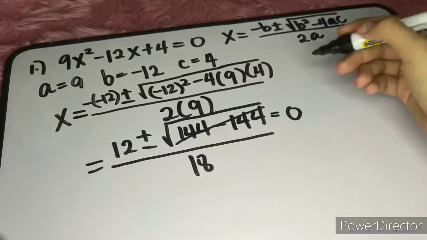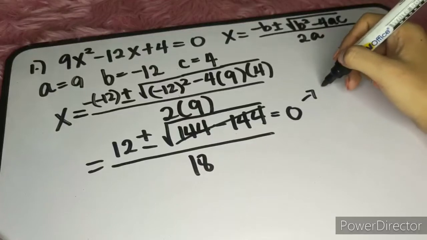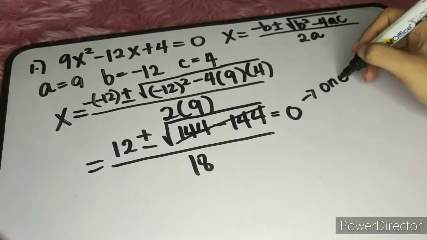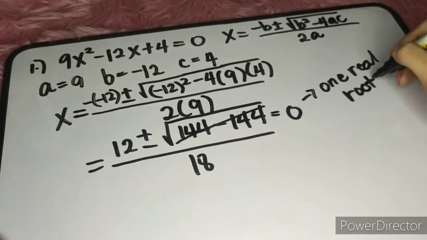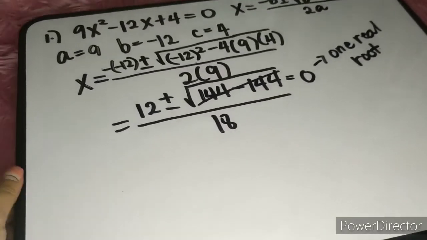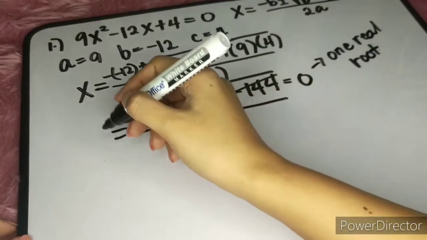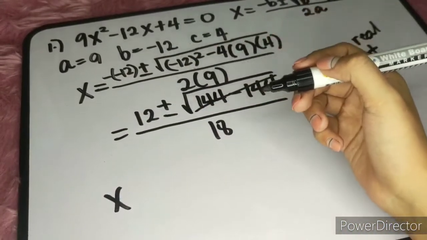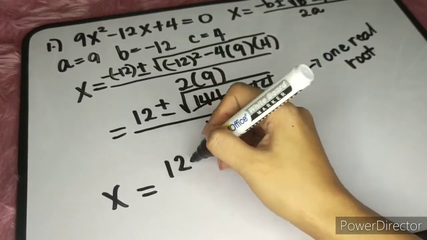So, since this is 0, our root contains one real root. Since it is 0, the square root of 0 is still 0, because 0 times 0, no matter how many times you multiply it, is still 0. So, the value of our x is 12 over 18.